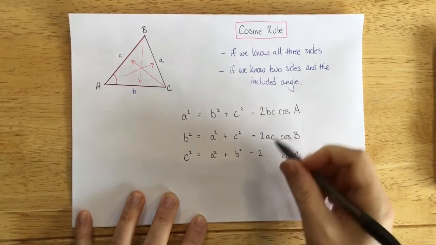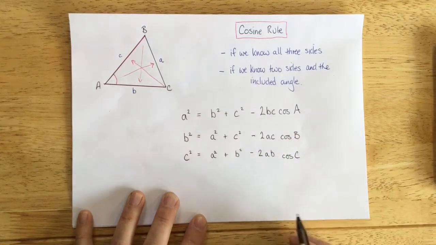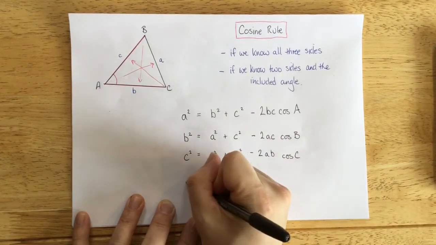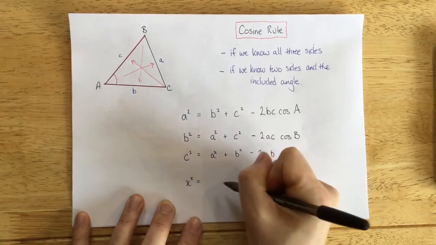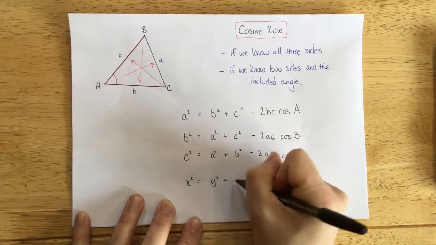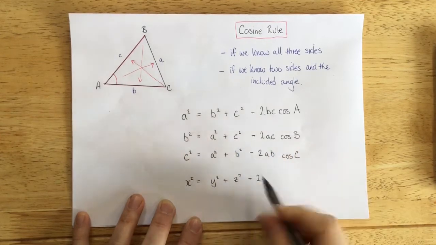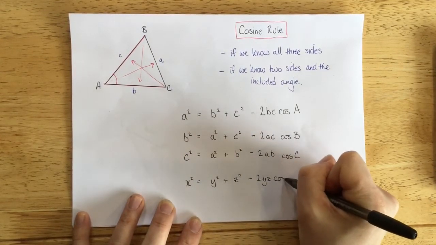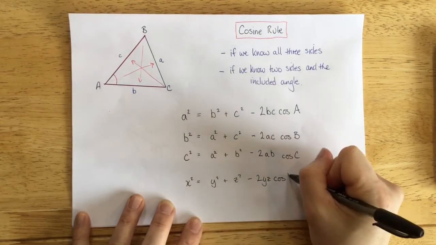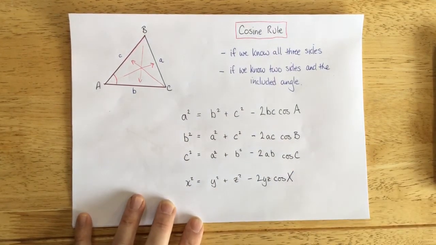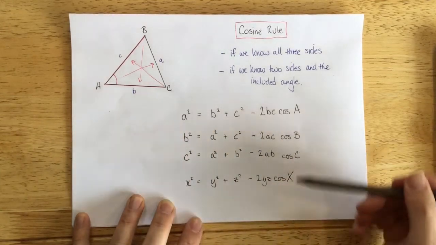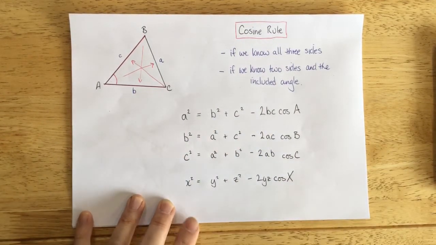And then I repeat that as a and b. And it works with any letters. So if we had X, Y, and Z, we could say x squared equals y squared plus z squared minus 2 times these two letters, yz, times the cosine of X. And so, albeit in formula books we'll be given this formula, we need to be able to change it depending on the letters that we're dealing with.